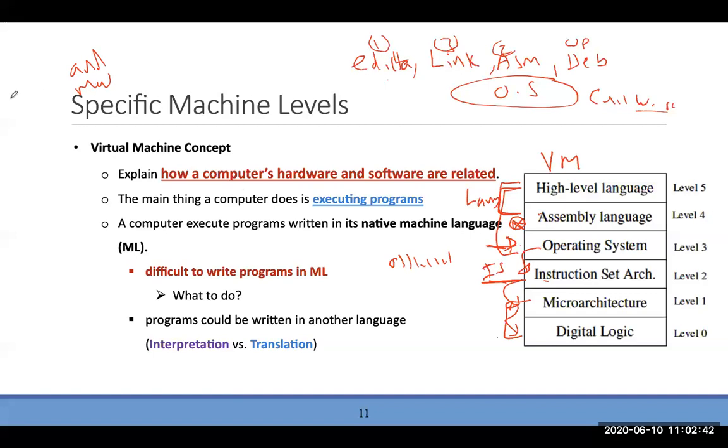Before assembly, it used to be numbers. That's why we moved from a number representation into symbols. And then in the high-level language, that's when we moved into using words or a human-like language. So the bottom line here, we cannot write using machine language. That is why we are forced to create a new language, which is assembly language. And after that, on top of assembly, we created high-level languages. Okay, guys?